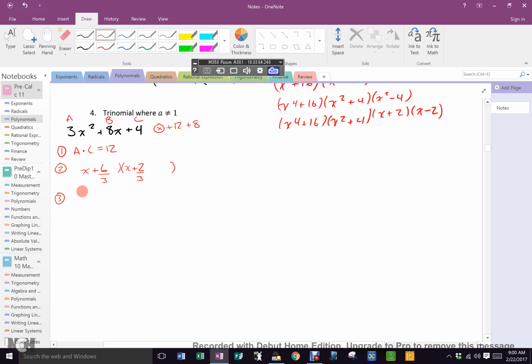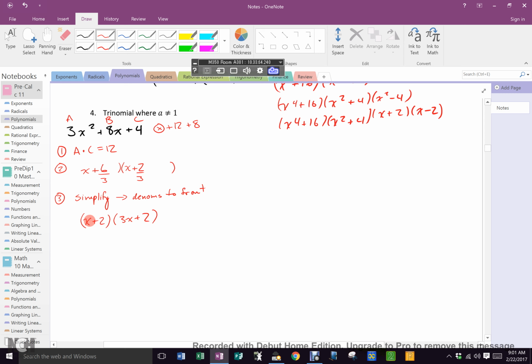Step 3 is simplify. What is 6 divided by 3? X plus 2. This doesn't simplify, so denominators move to the front. And I get 3x plus 2.